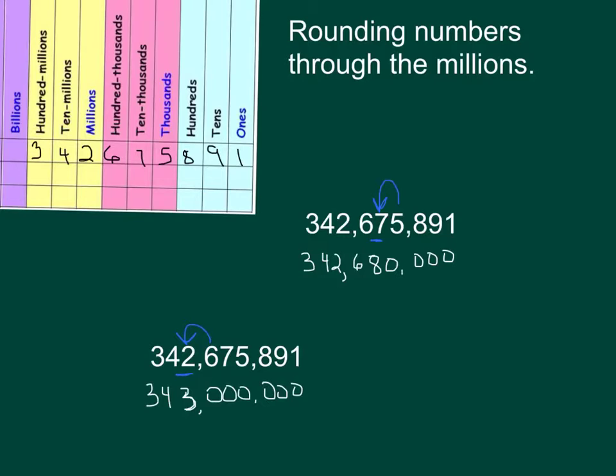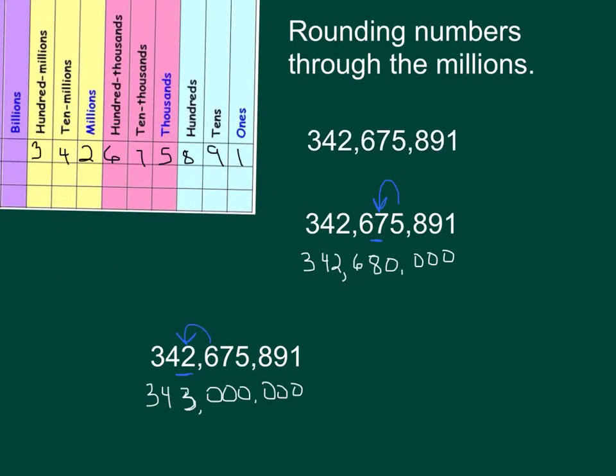So if we want to round the number 342,675,891 to the nearest millions place, we're going to have 343 million. That's all we have to say with it. Let's try one more.